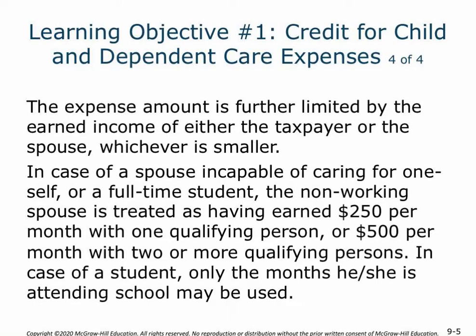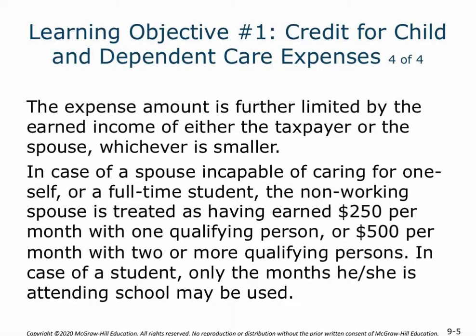So if we had one qualifying individual for a married couple, and then the lower of the two had only earned $2,500 for the year, we're not going to get the full $3,000 limitation for the qualified expenses. We'd only get $2,500, so we get a lesser amount that we can use in this tax credit calculation.